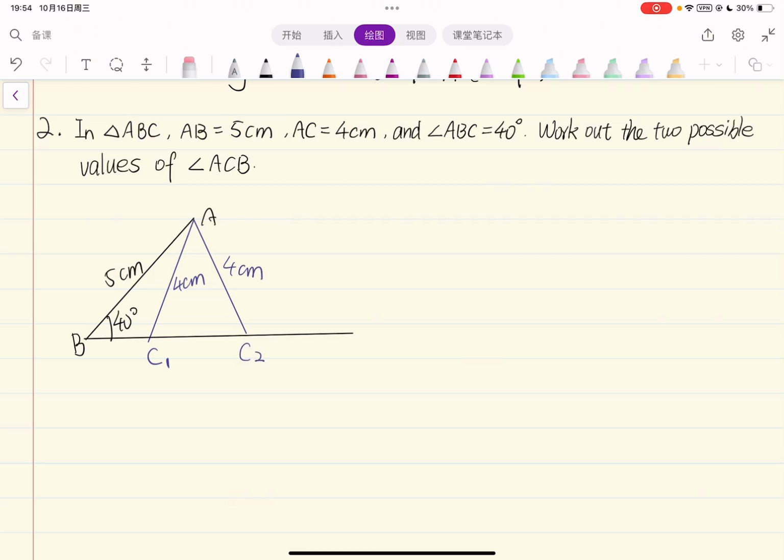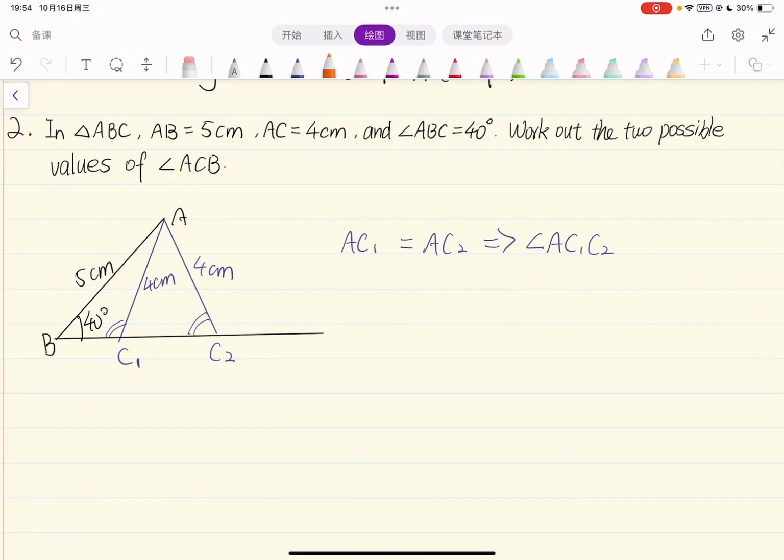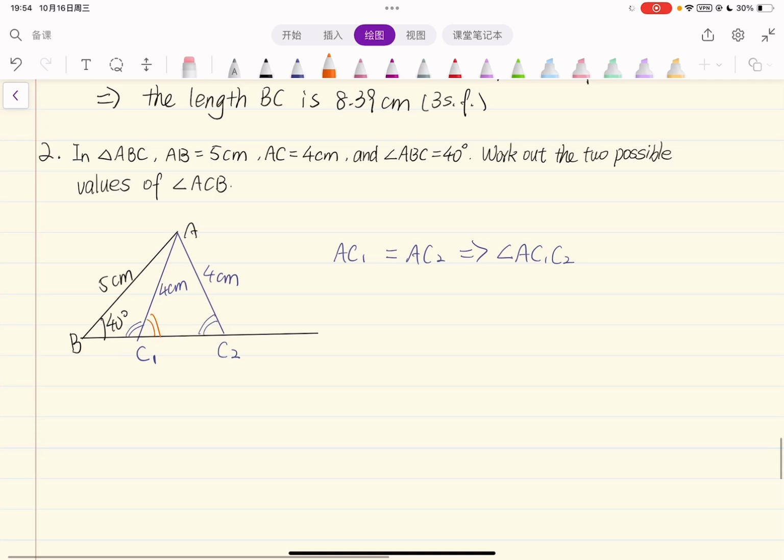And then we can see the angle AC1B and the angle AC2B are completely different. The relationship between these two angles: since AC1 equals AC2, the angle AC1C2 equals the angle AC2C1.